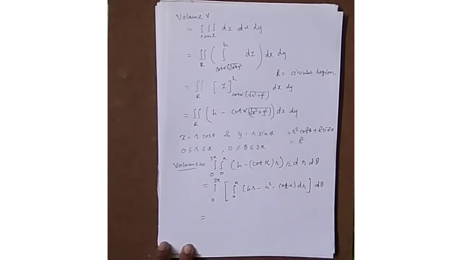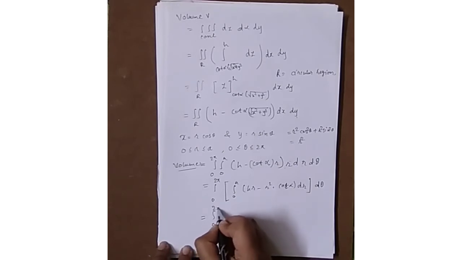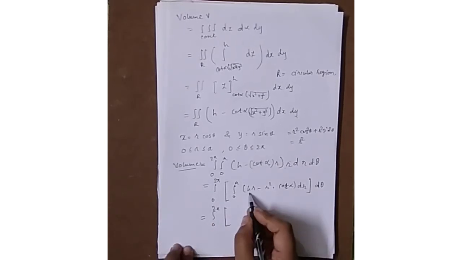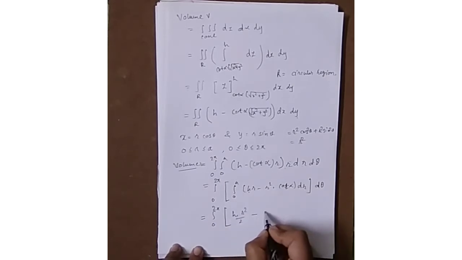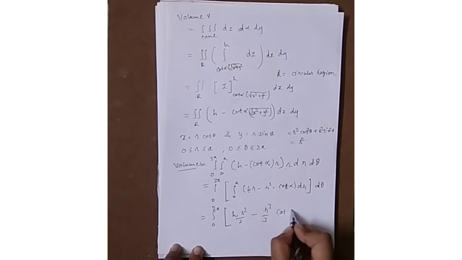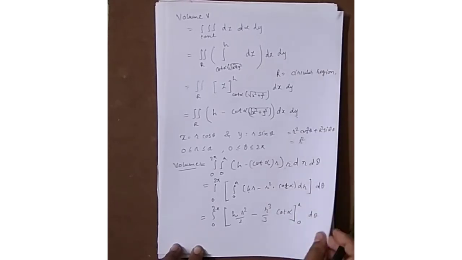So it is equal to 0 to 2 pi. Integrating this with respect to r is h into r square by 2 minus r cube by 3 and cot alpha, and the limit is 0 to a, d theta.